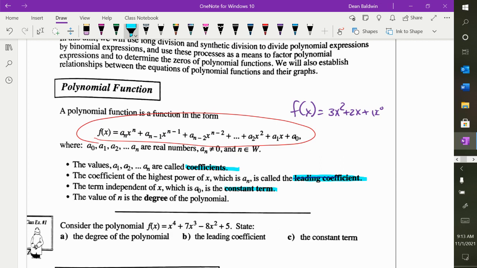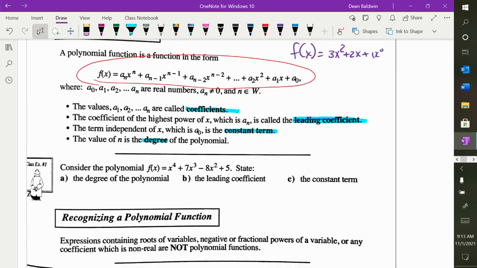And the highest exponent is called the degree of the polynomial. So what's the degree of the one I just wrote? It's a second degree polynomial, otherwise known as a quadratic. Grade 11 math. That's basically all you do in grade 11 math.